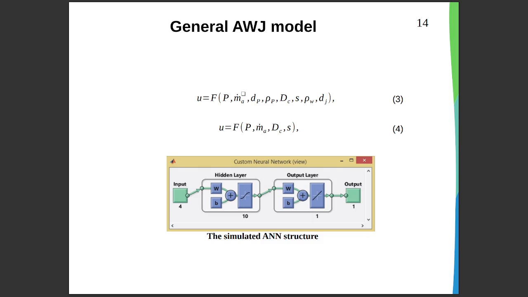Errors from several ANN configurations were evaluated using absolute average relative deviation, mean squared error, root mean squared error, and correlation coefficient. The optimal ANN configuration was chosen for the AWJ cutting process, yielding the lowest and the highest value. Adjustments to the number of neurons or activation functions did not improve results. The developed ANN behavior is presented with three-dimensional surfaces on the next slides.